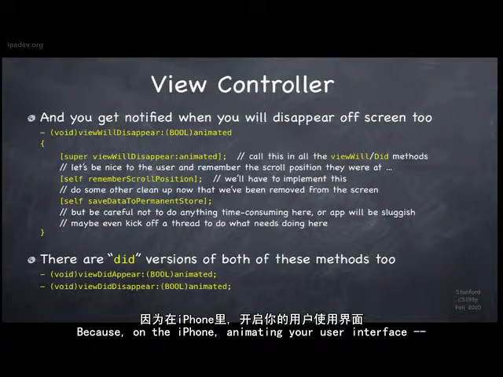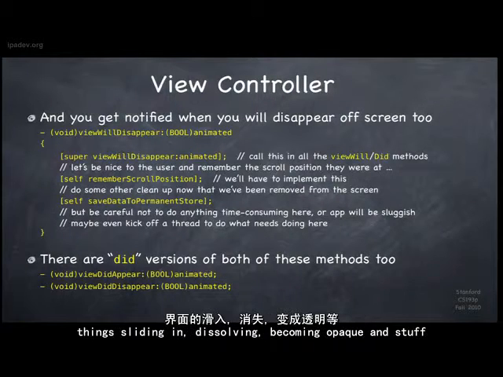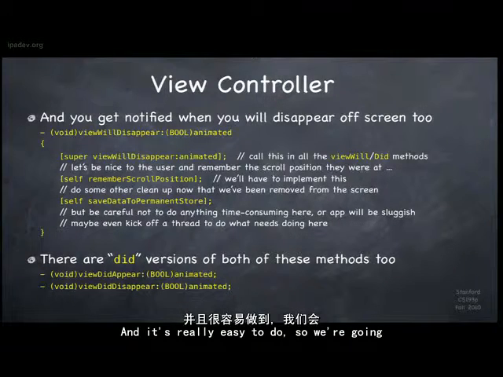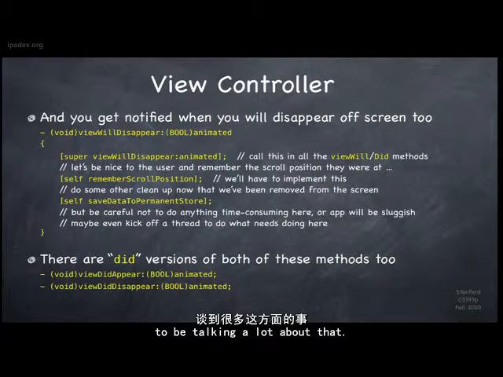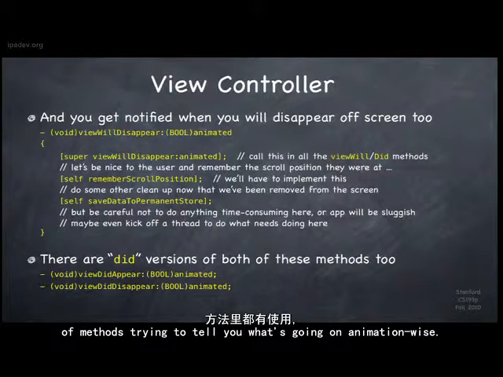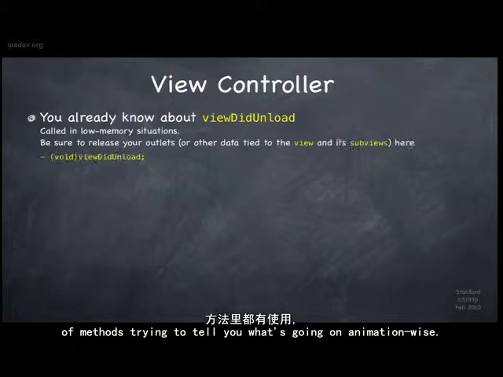Because on the iPhone, animating your user interface, things sliding in, dissolving, becoming opaque, is very important for the user experience, and it's really easy to do. So we're going to be talking a lot about that. You'll see this animated argument on a lot of methods trying to tell you what's going on animation-wise.